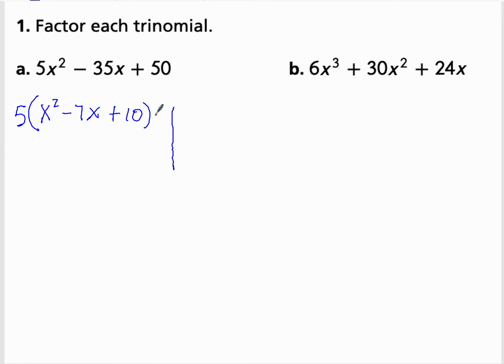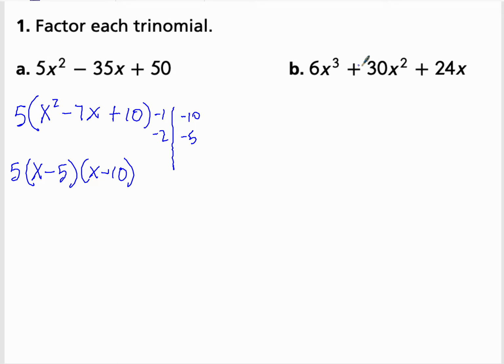So negative 1 and negative 10 multiply to positive 10, or negative 2 and negative 5 multiply to positive 10. But it's negative 2 and negative 5 that add to negative 7. So we would do 5 times x minus 5 and x minus 10. Okay?